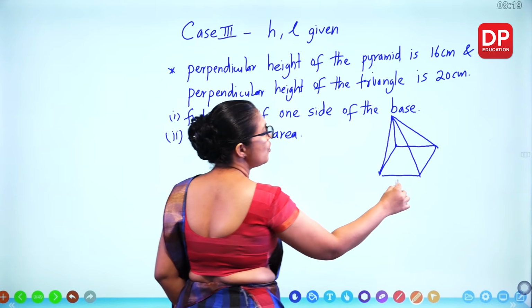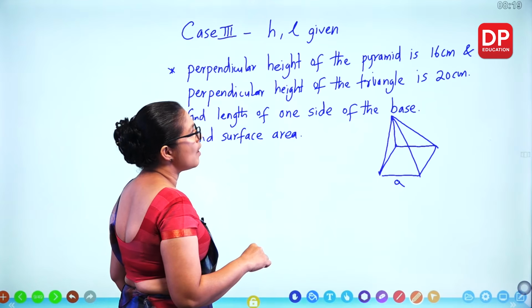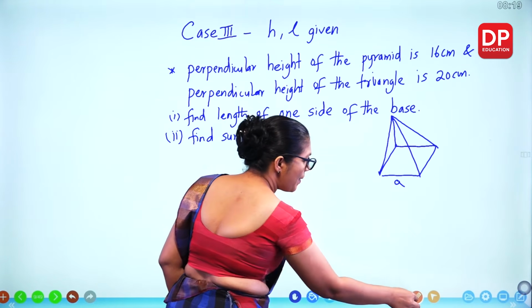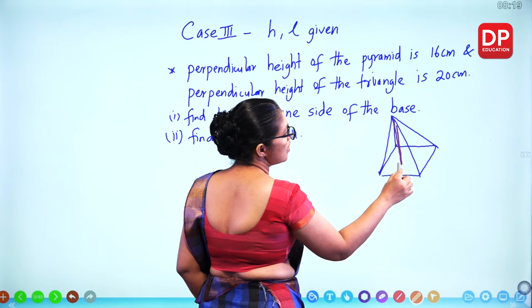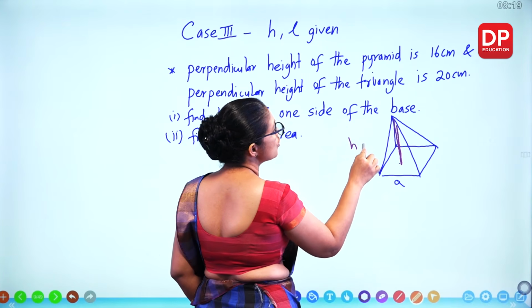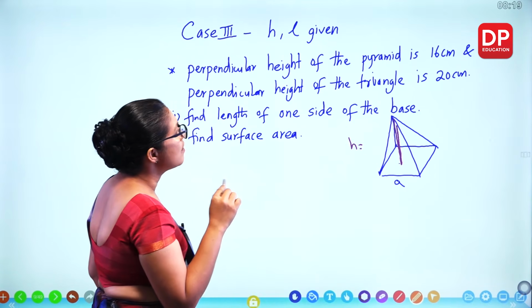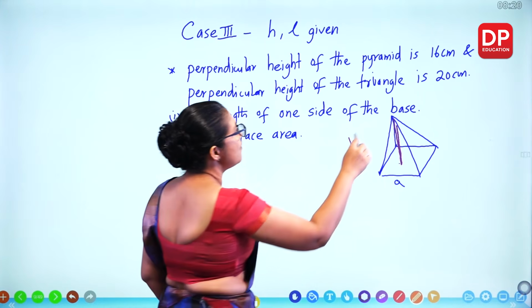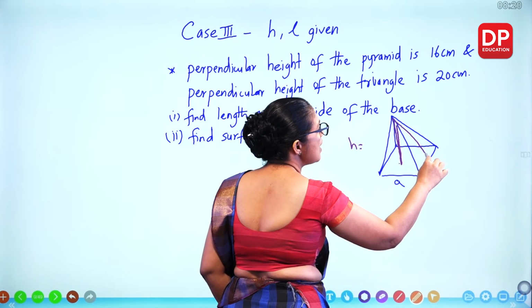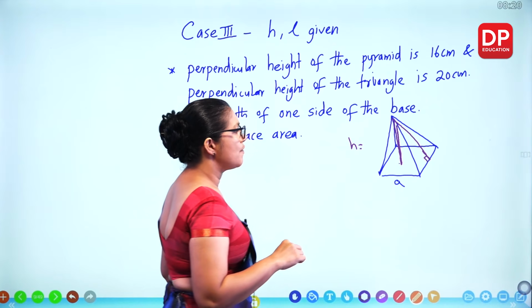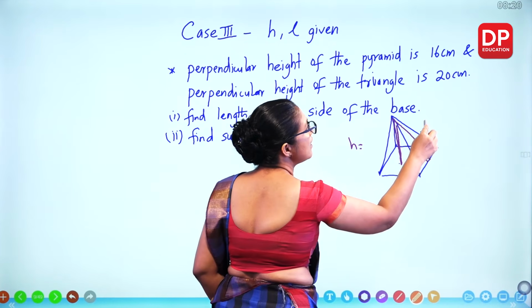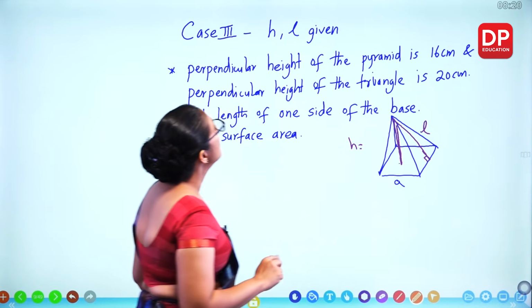And we don't know the base length now, but we know the perpendicular height. So that's H. Perpendicular height H is known, and what's the other one we know? This L. L is the perpendicular height of the triangular face. So L and H are given.